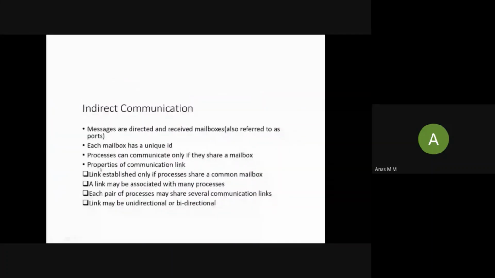Each can communicate only if they share a mailbox. Properties of the communication link: in indirect communication, the link is established only if the processes share a common mailbox.